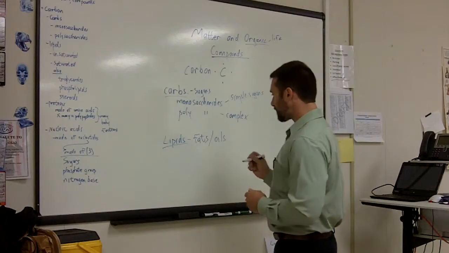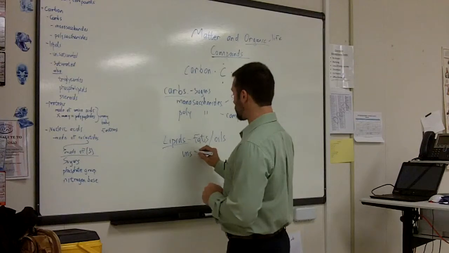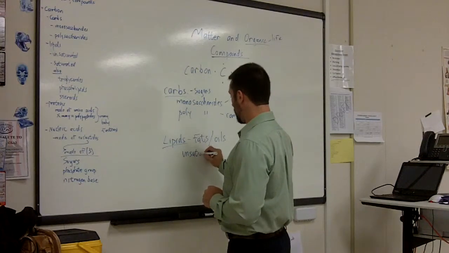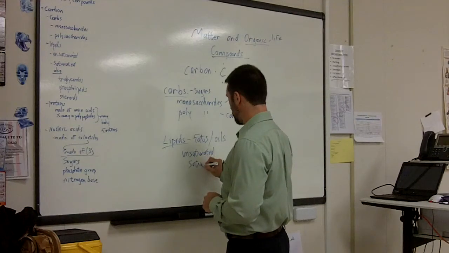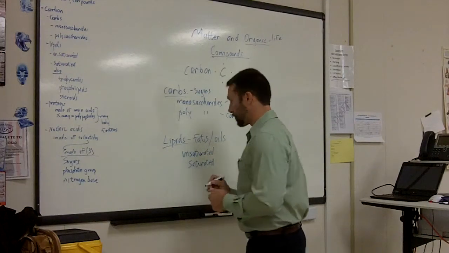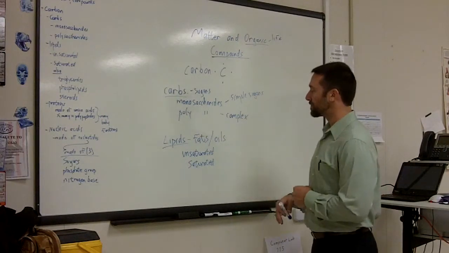There are 2 different types of lipids that you're going to see, especially nutritionally when you look at labels. Unsaturated and saturated. If you listen to the news and when you become more health conscious, you definitely hear saturated fats are not good for you.